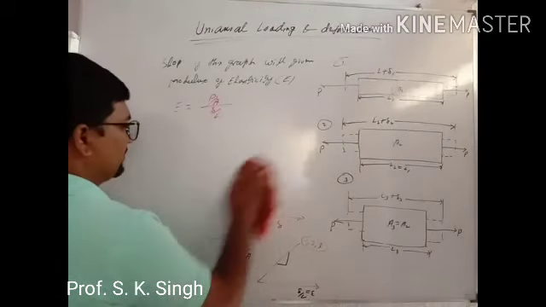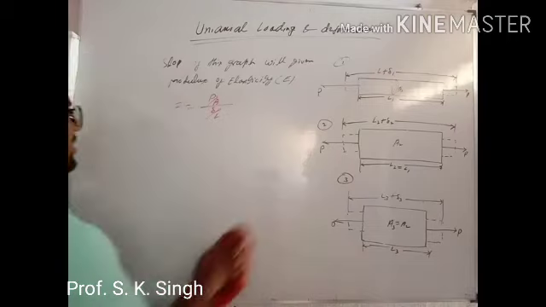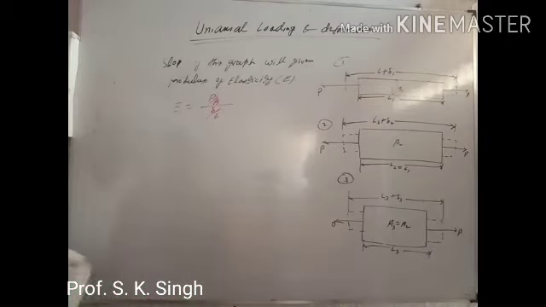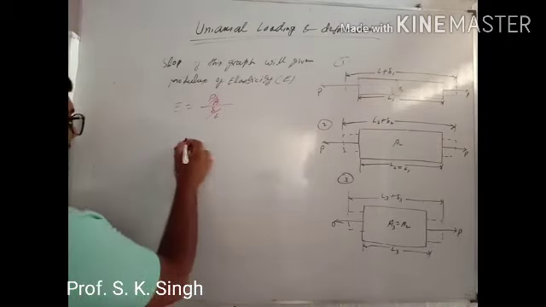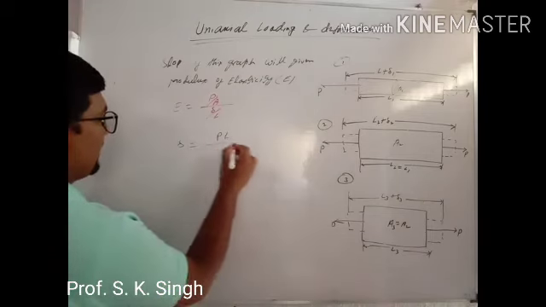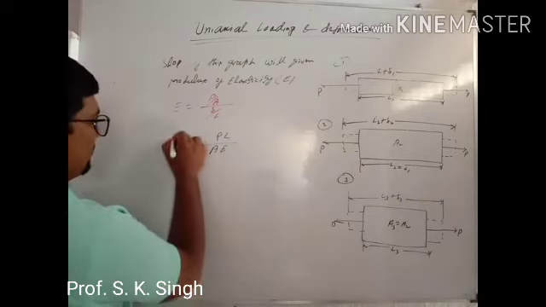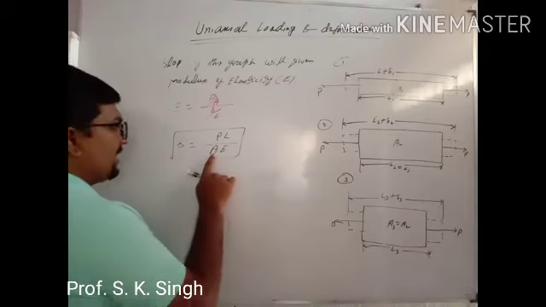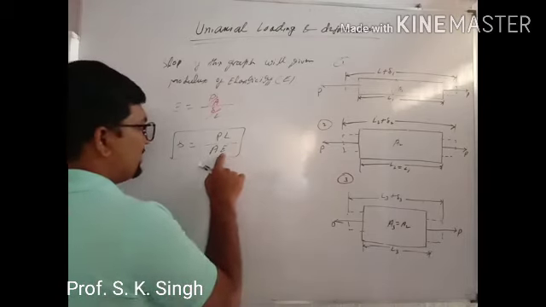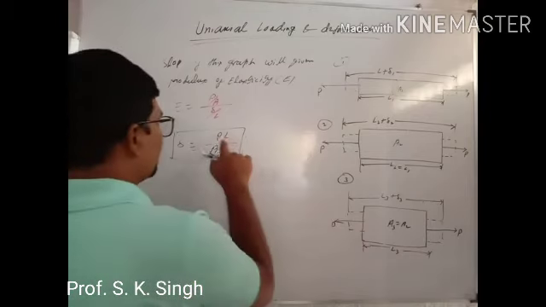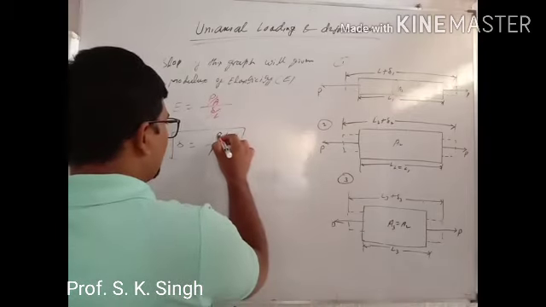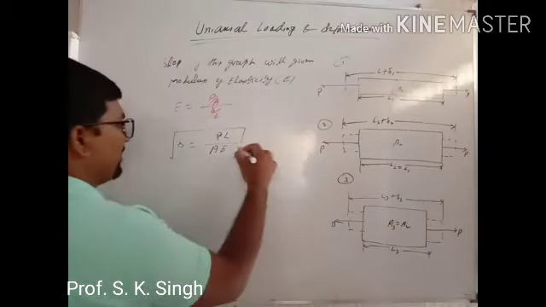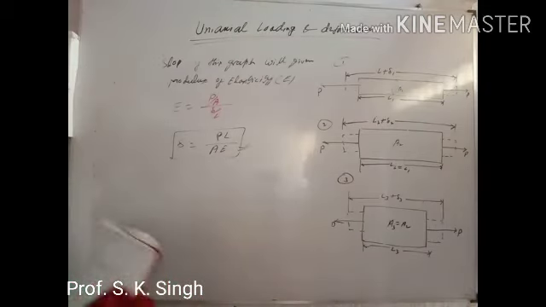So once I define the deformation for this, what will you get? Lambda equal to PL by AE. You can see here the deformation. If you know the area, L and E, and the external force, you can define the deformation for this material.